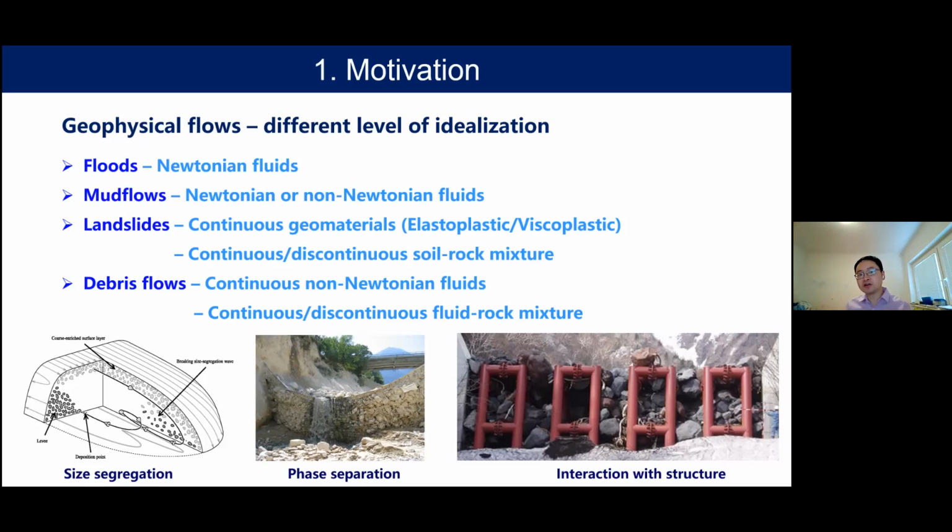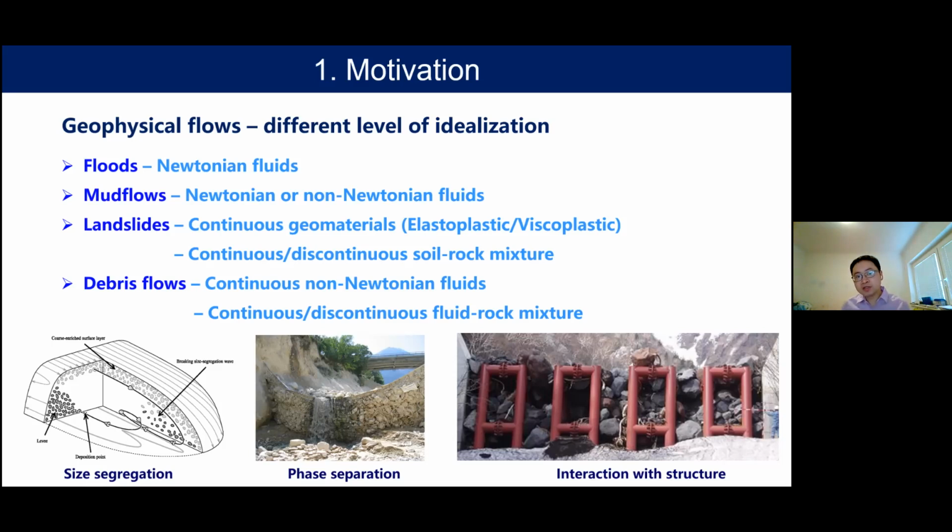This kind of phenomenon is called size segregation. It is caused by the fact that in dry granular materials, large particles tend to appear on the surface. And in debris flows, the flow velocity on the surface is faster. So you can see that the large particles tend to accumulate in the front area.